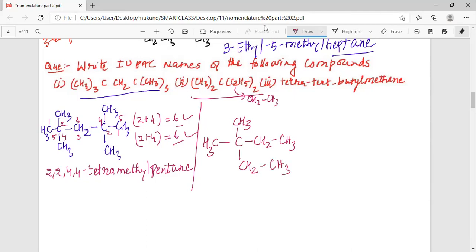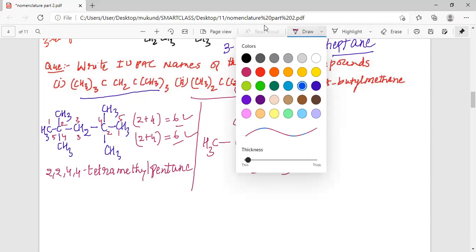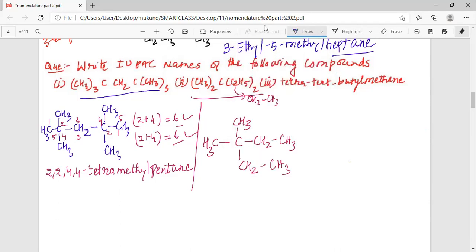And thus, in this particular case, my dear students, we can have the numbering. So we can write it this way: 1, 2, 3 and 4. We can even write it as 1, 2, 3 and 4. But here the second carbon will get the better preference. So we will consider this as the correct branching.